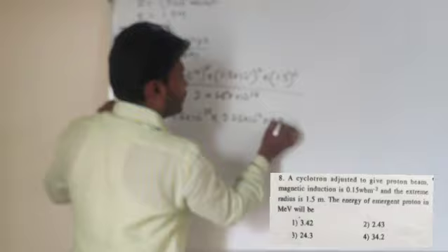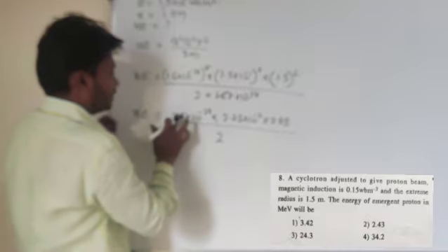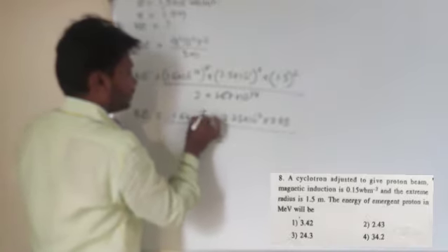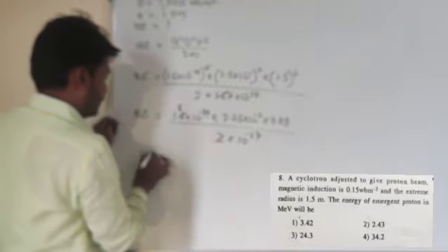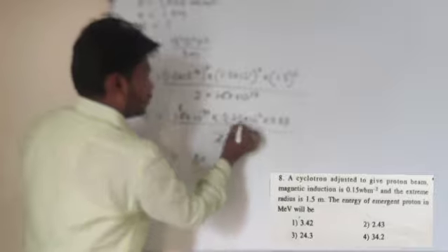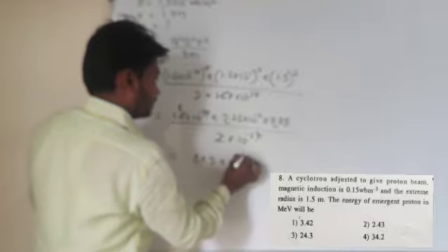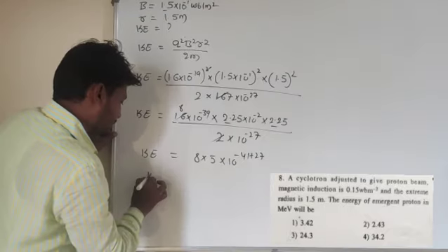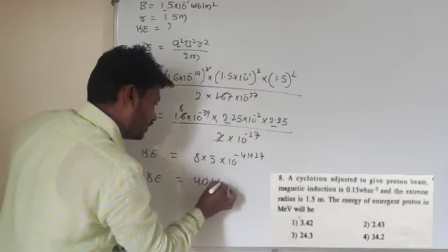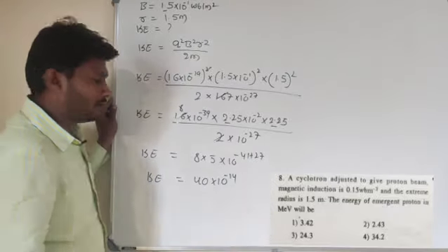Here also 1.5, 2.25 divided by 2 I can consider, or I can consider this one as 16 here, into 10 to the power of minus 27. 8 here, kinetic energy is equal to 8 into 2.25 into 2.25, so that is 5. 10 to the power of minus 41 plus 27, so kinetic energy is equal to 40 into 10 to the power of minus 41 plus 27, that is 10 to the power of minus 14 joules.